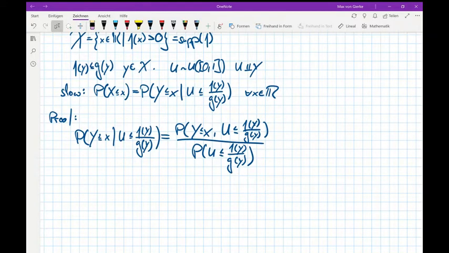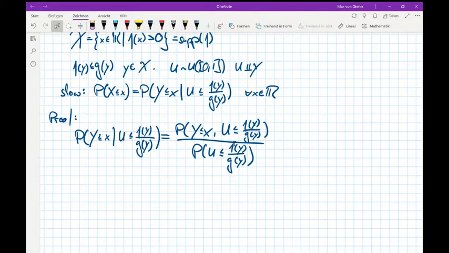What quite many try to do is to switch these two conditions, so to condition on Y being smaller or equal than x, and then compute it, which is not wrong, but it's more work. So this is the fastest way, and we will follow the fastest way.